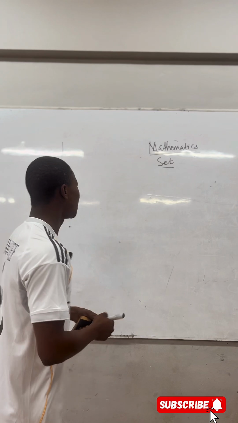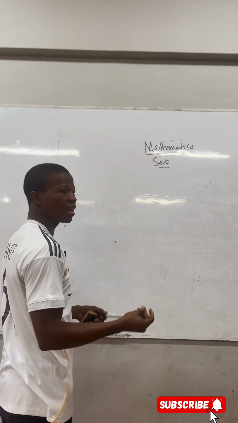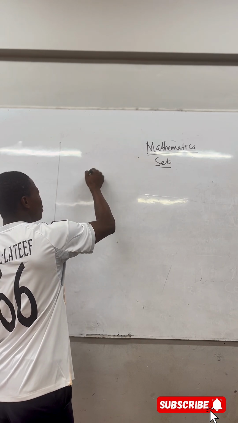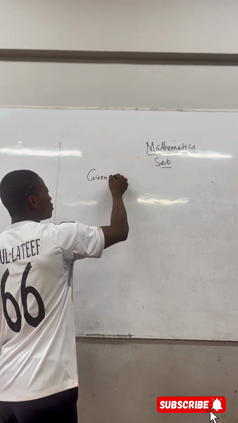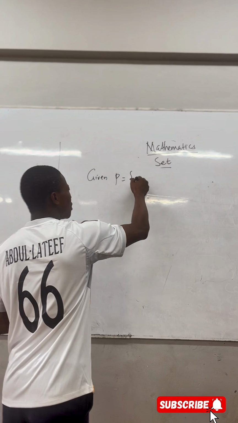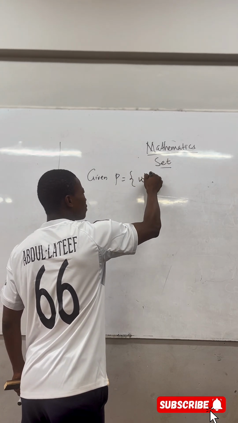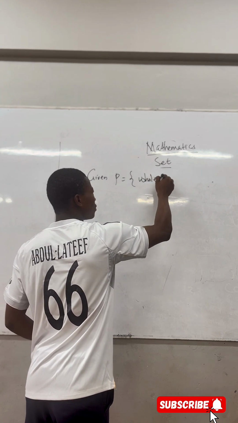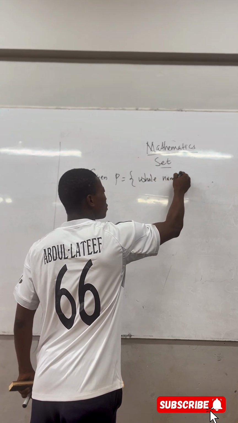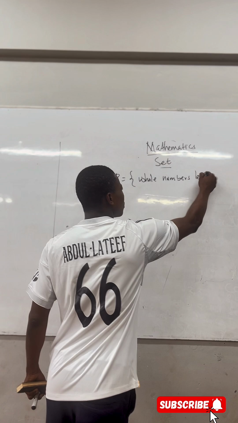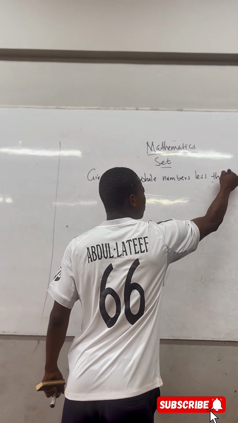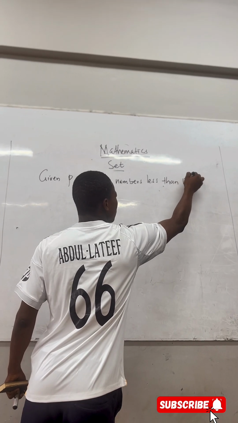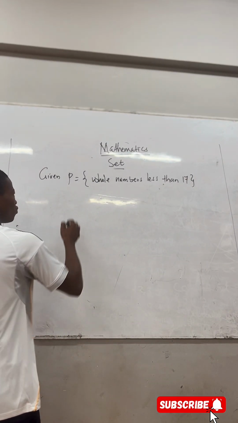So let's say they have given us another set. Given P, whole numbers less than 17.